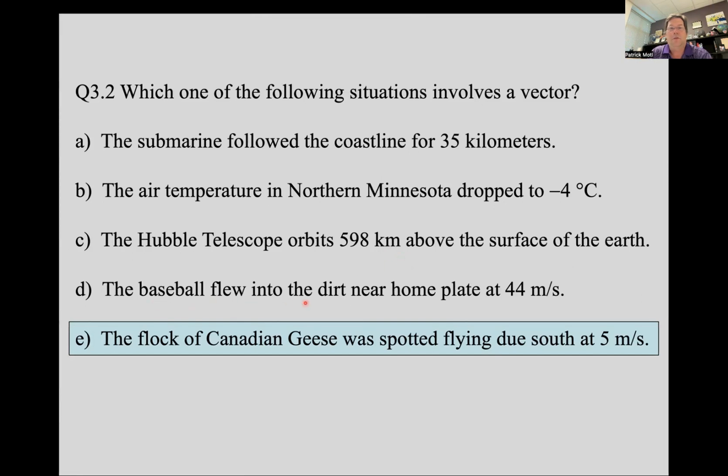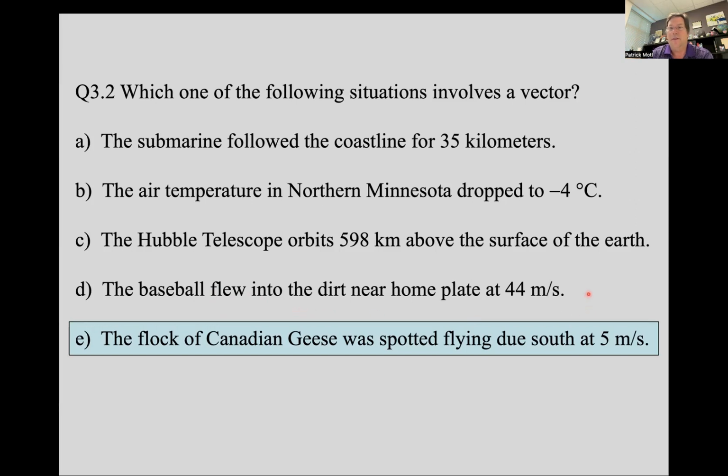The baseball flew into the dirt near home plate at 44 meters per second. There's a speed there, and there's sort of a direction, but not really, right? Into the dirt, I could do that at any number of angles, like half of the angles available to me are going to correspond to going into the dirt.